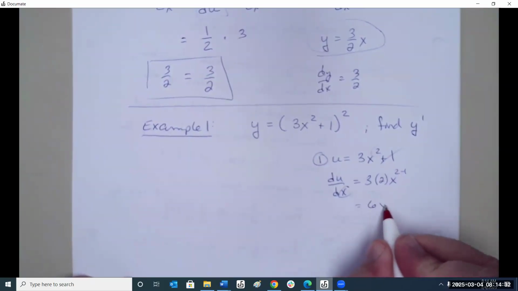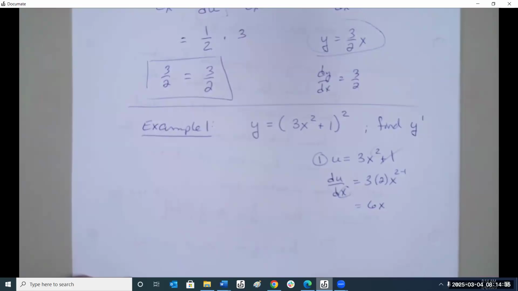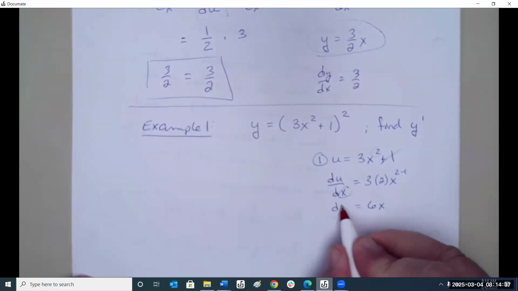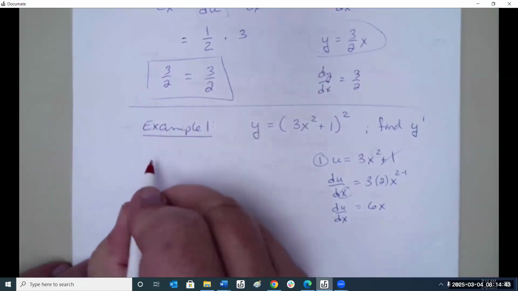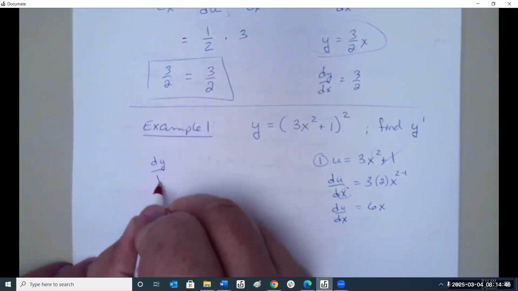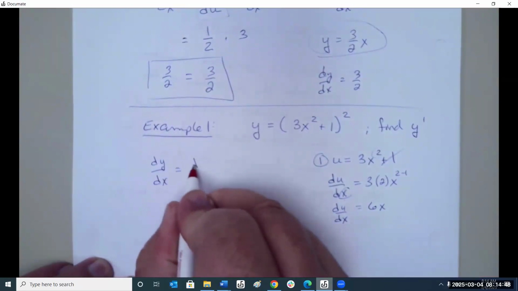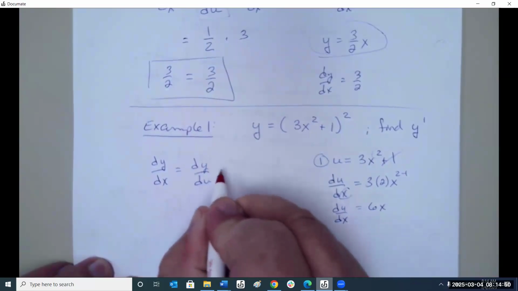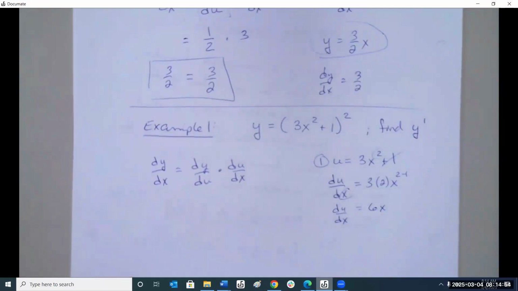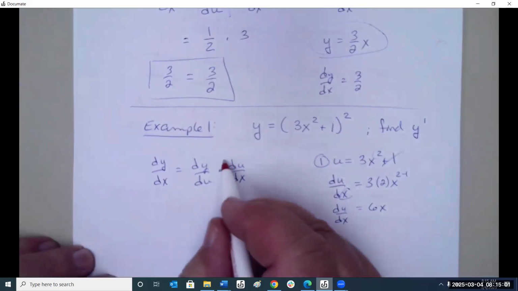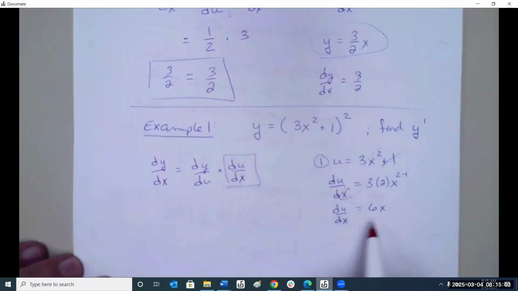So it becomes 6x. So du dx is 6x. Remember, what we're trying to find is the derivative of a composite function. We just found this part.